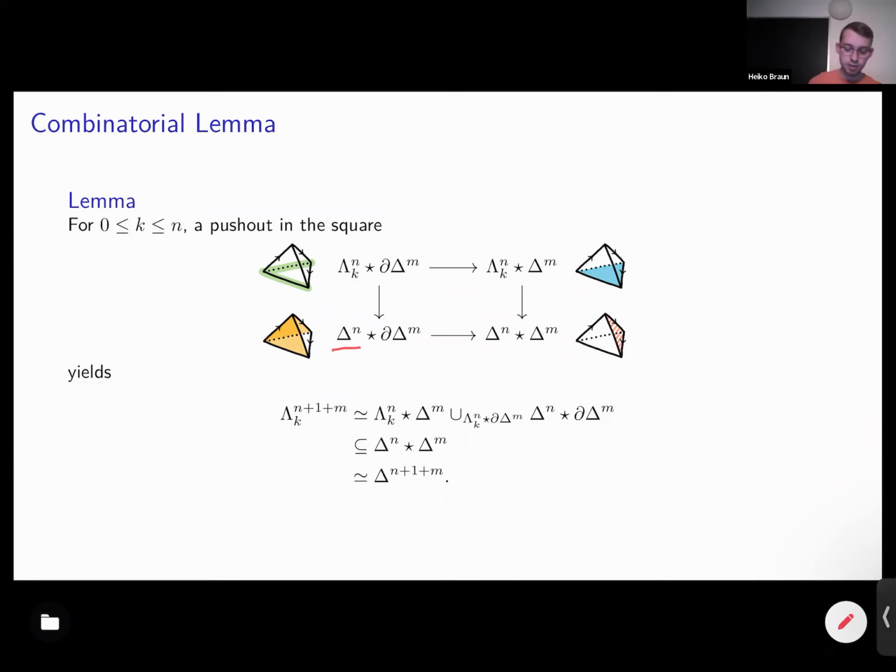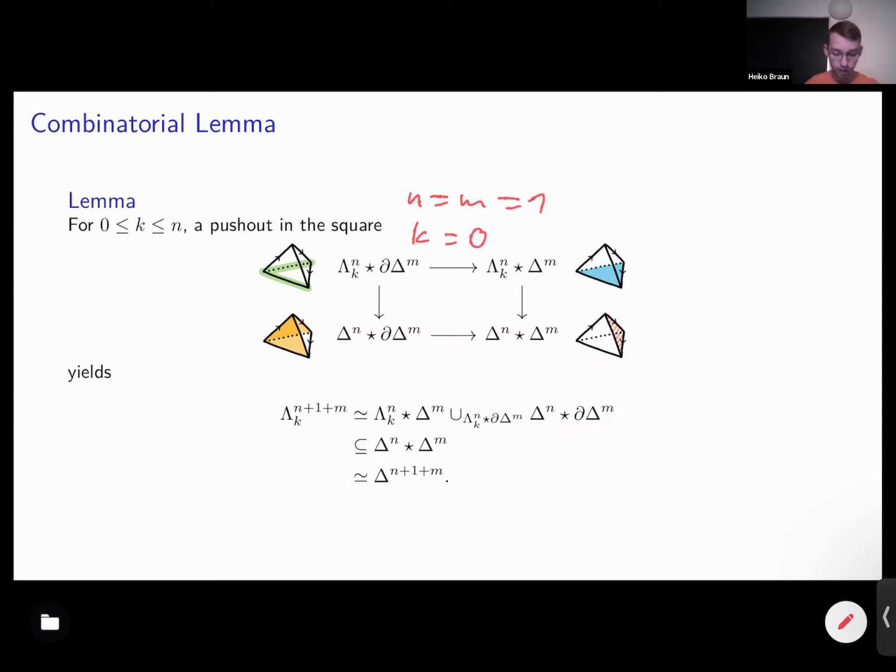And then we take the pushout. So everything lives in the join of those two simplices, which we already know is the n plus 1 plus m simplex. In the pictures we have here, n and m are both 1, and k is 0.